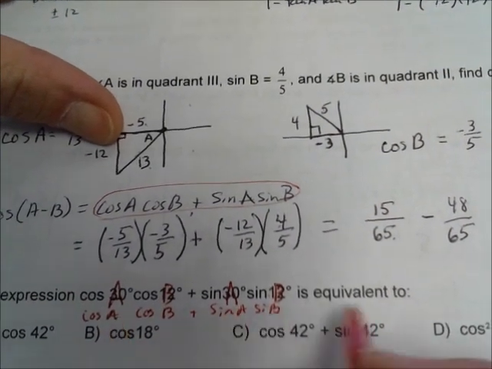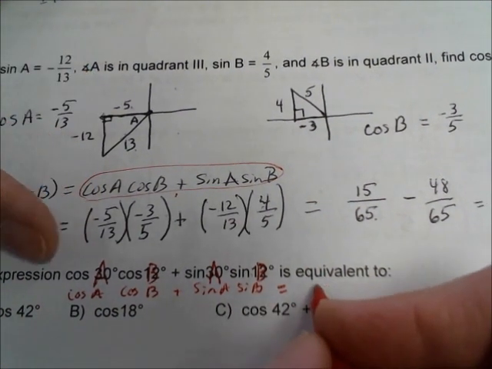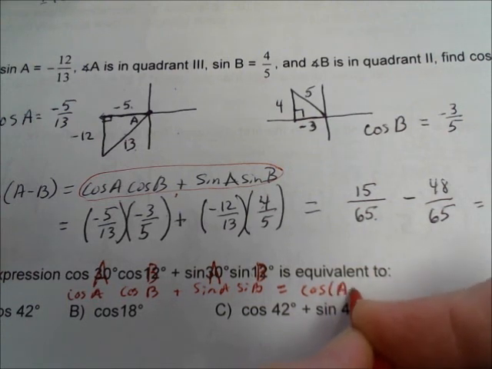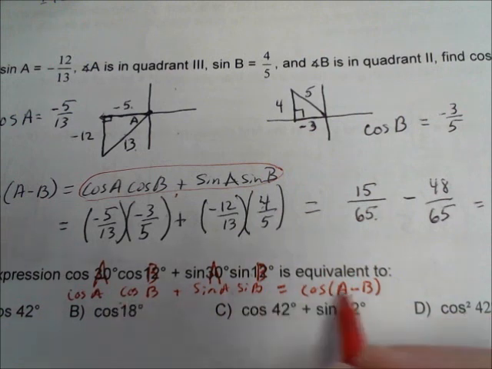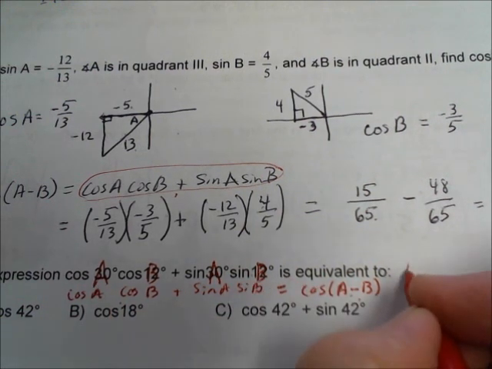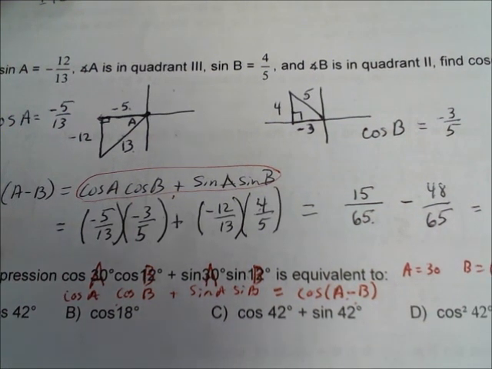This formula is equal to, and we're just going backwards on our formula sheet, the cosine of A minus B, right? Instead of going this way, we're coming back this way. Well, we let A equal 30, and we let B equal 12.